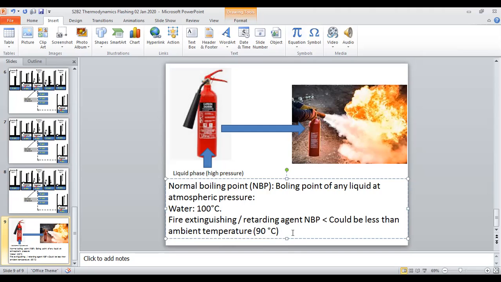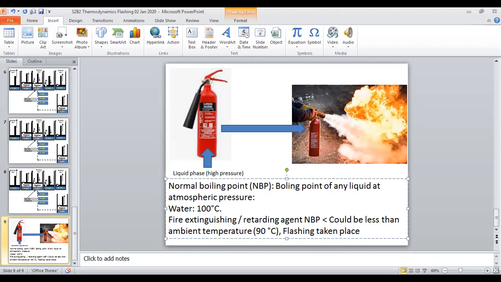So once it is releasing, what happens? Flashing takes place, because it is immediately subjected to low pressure, and the boiling point is below the fire-place temperature, or very close to it.